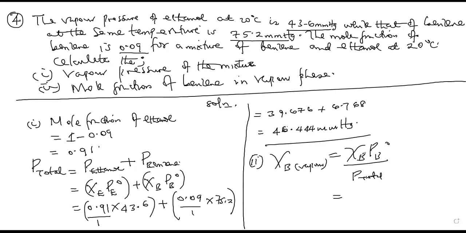It is the whole of this, which we got as 6.768 divided by total, which is 46.444. When you work this out on the calculator, it's going to give you 0.146. So that is the answer.